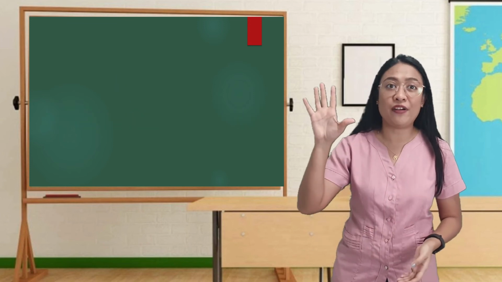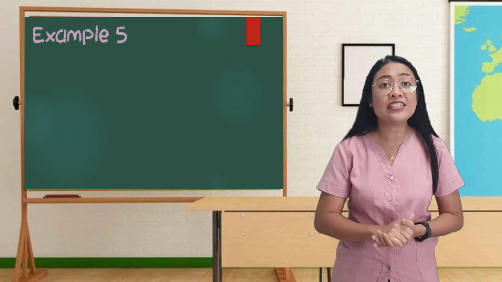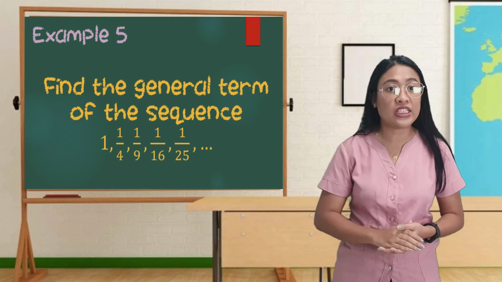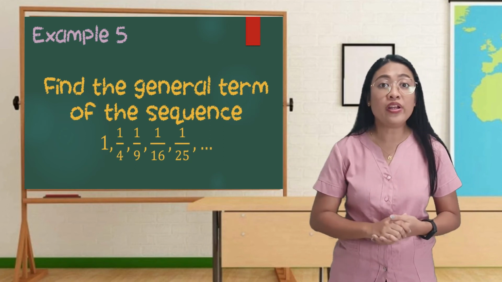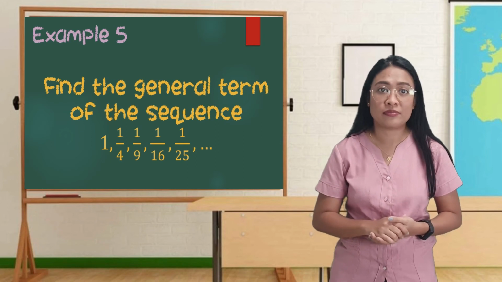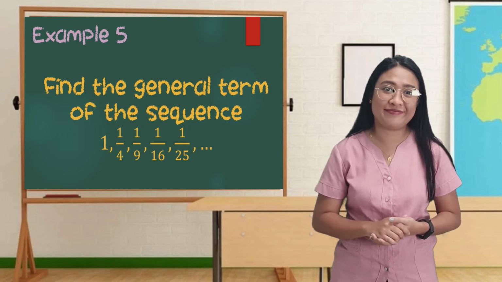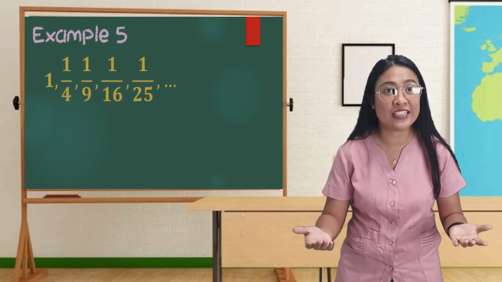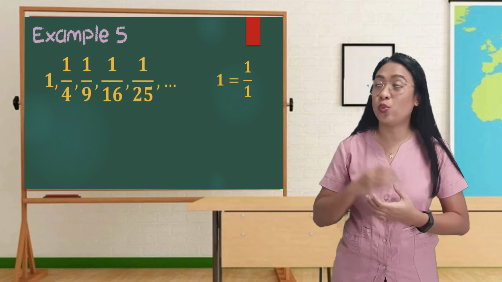For example number 5. Find the general term of the sequence 1, 1/4, 1 over 9, 1 over 16, and 1 over 25. For the solution, write 1 as 1 over 1.